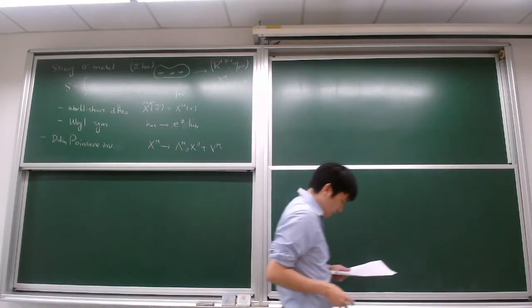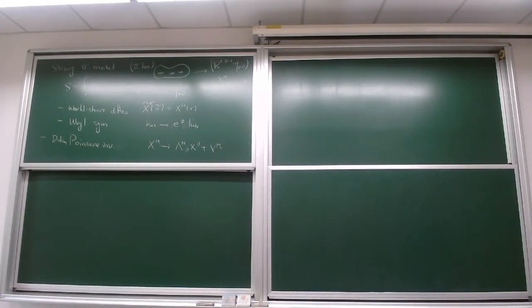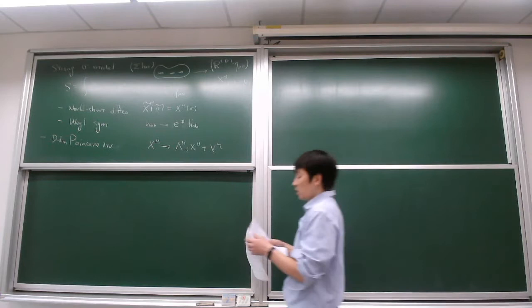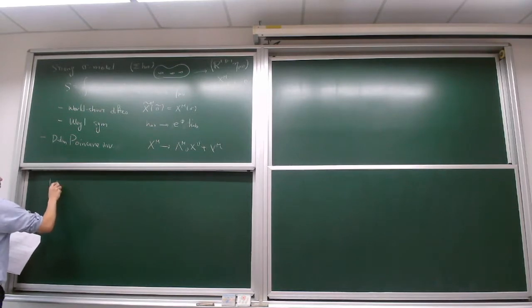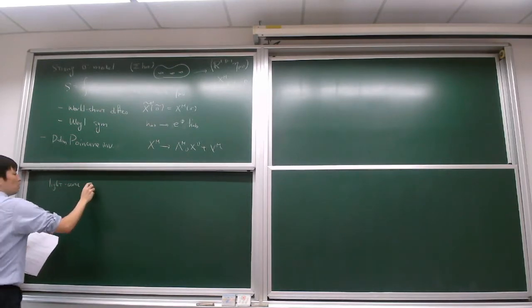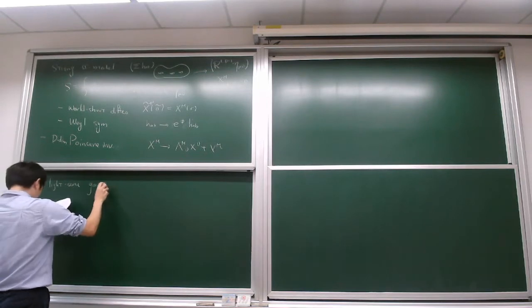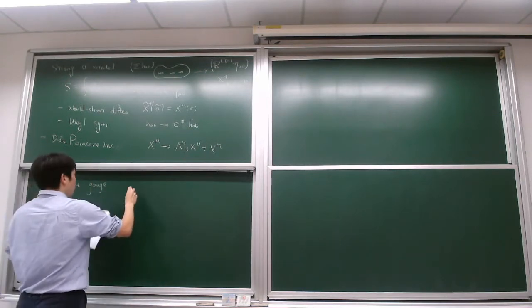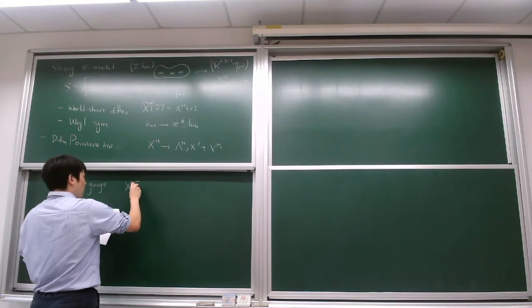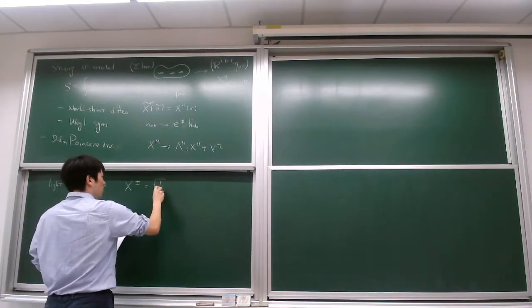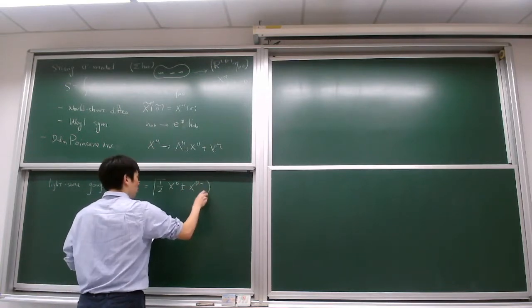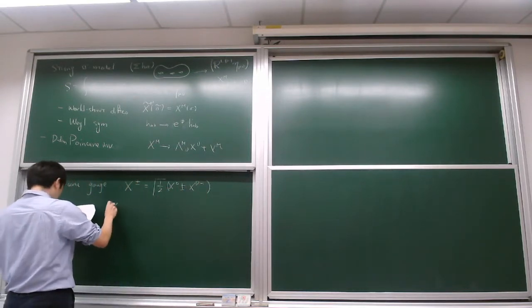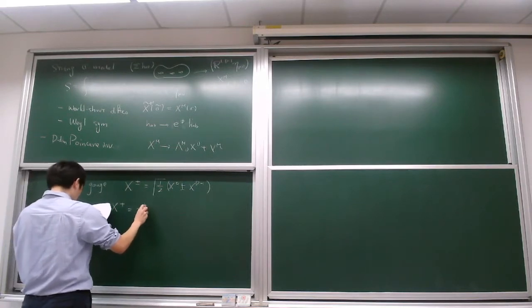And then, since there are lots of symmetries, we need to fix a gauge. Classically, we take the light-cone gauge, such that we impose constraints on X^plus minus, the light-cone coordinates of the target.